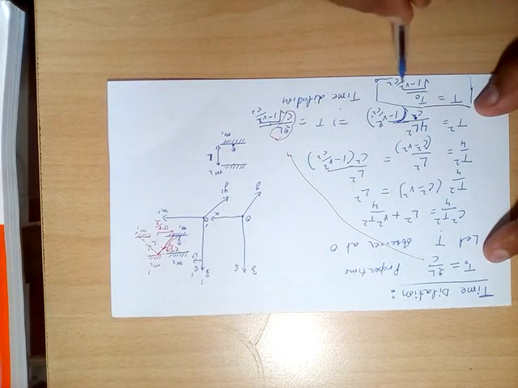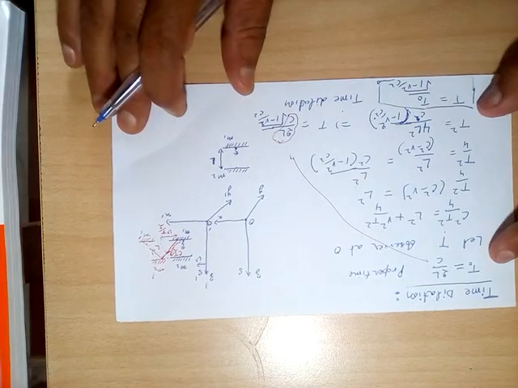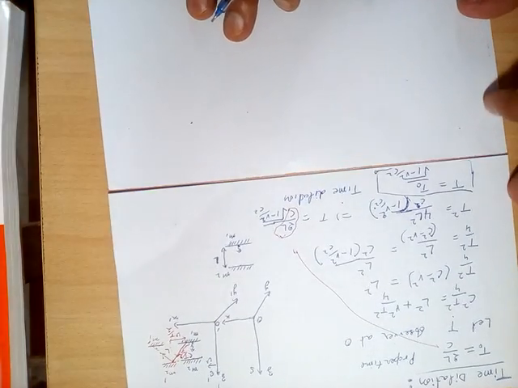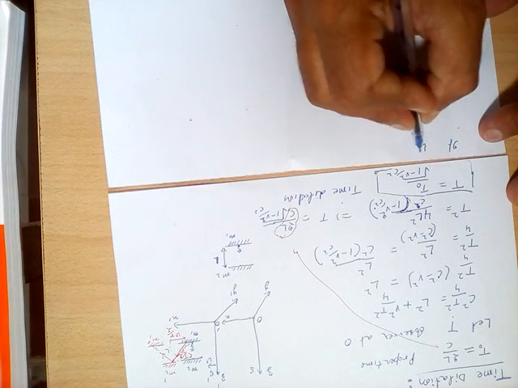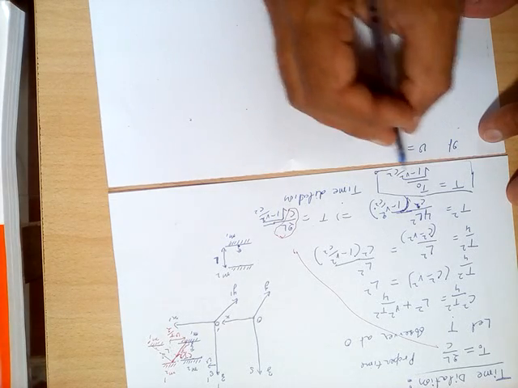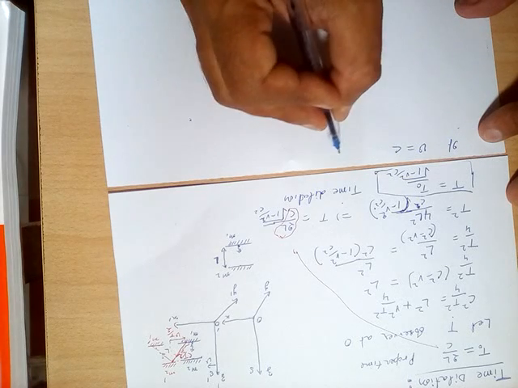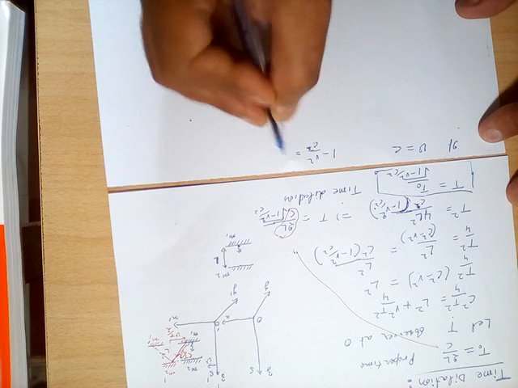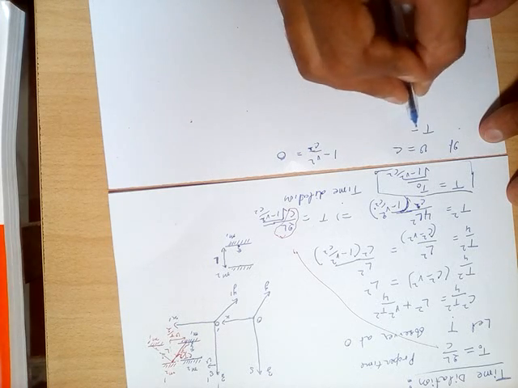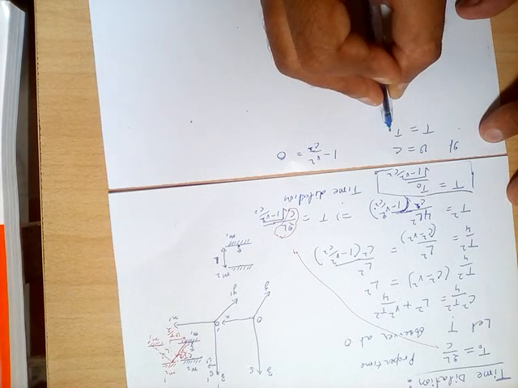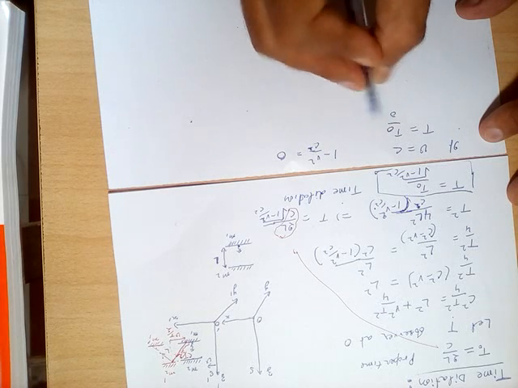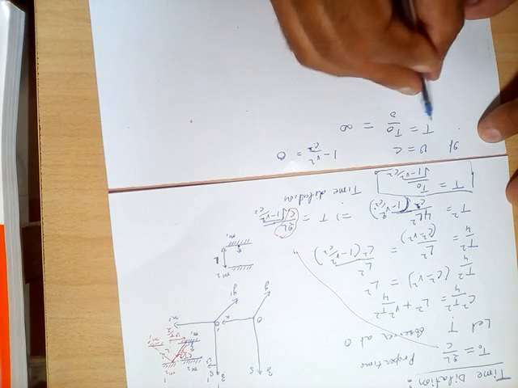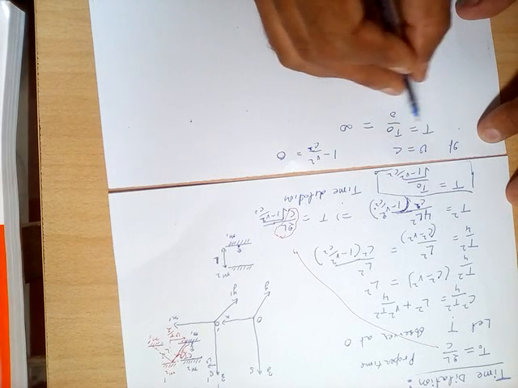Now if we consider that the velocity v approaches c, then what will happen? In that case, we know that the term 1 minus v square by c square comes out to be 0, and T comes out to be T naught by 0, which is infinity.